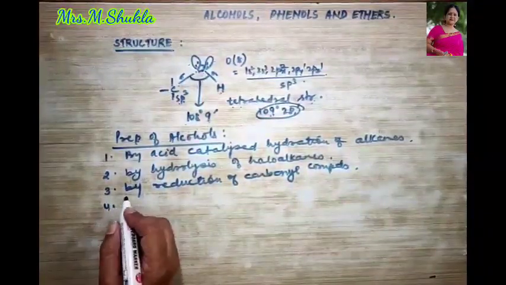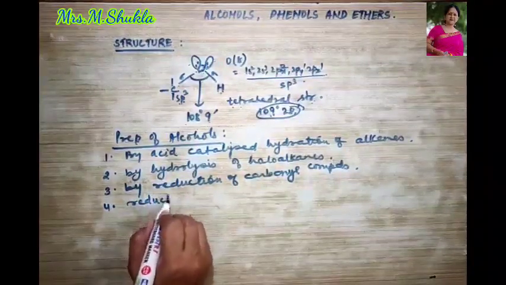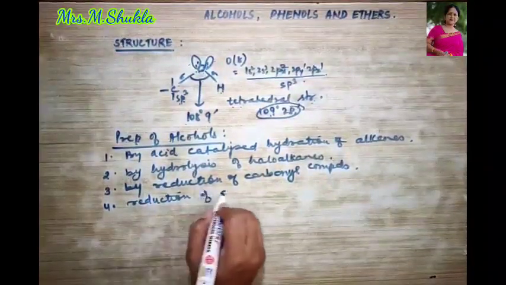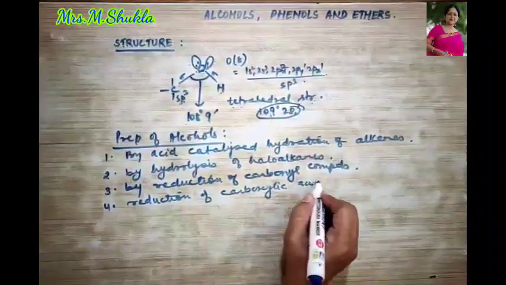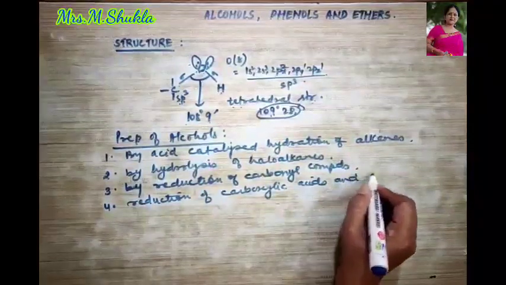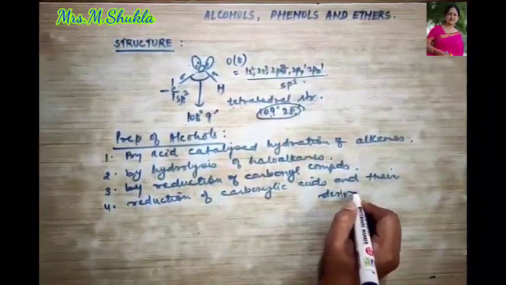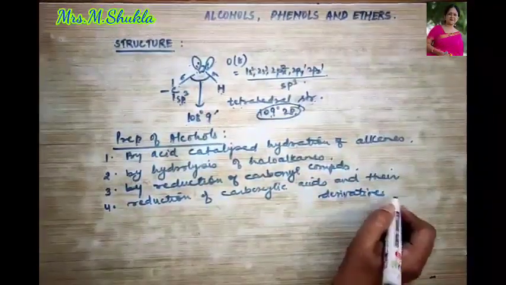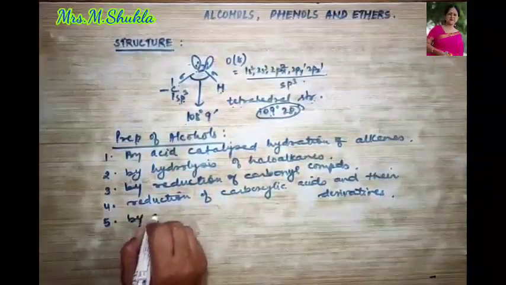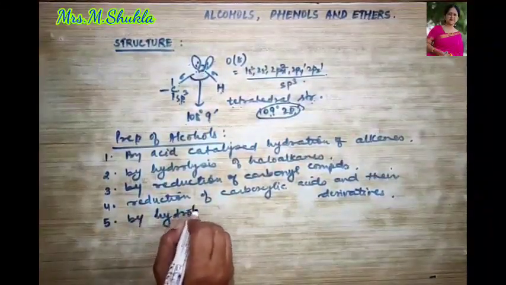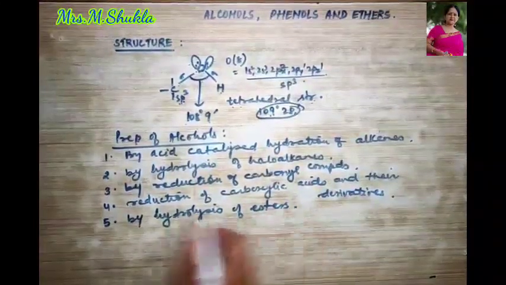Then the fourth method is by reduction of carboxylic acids and their derivatives. Then the fifth method is by hydrolysis of esters.